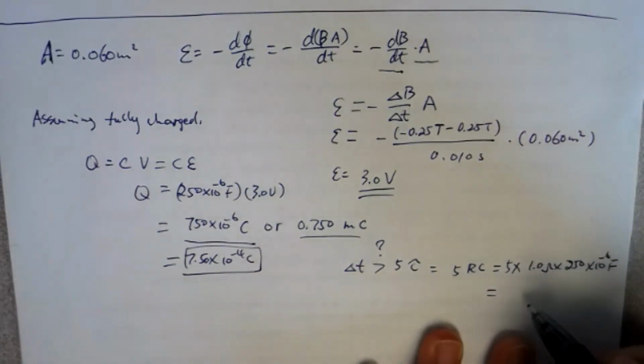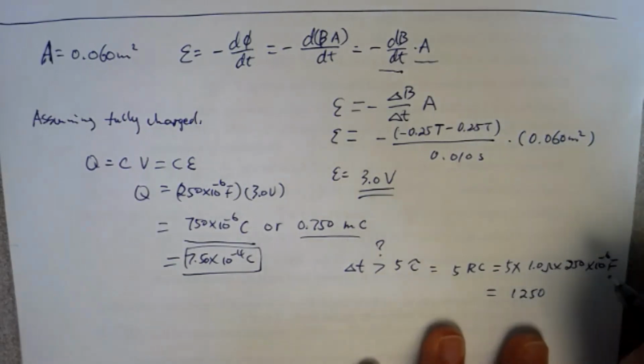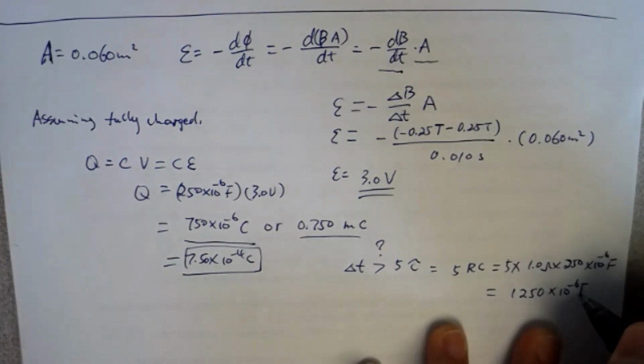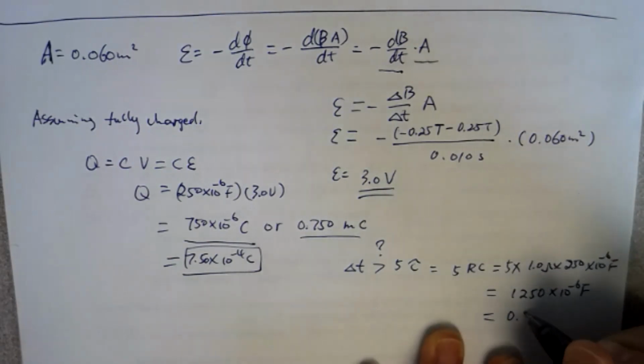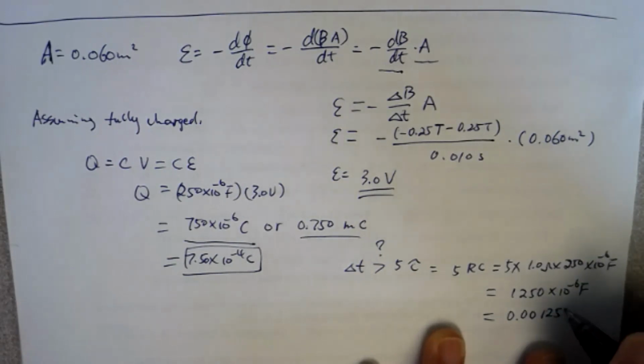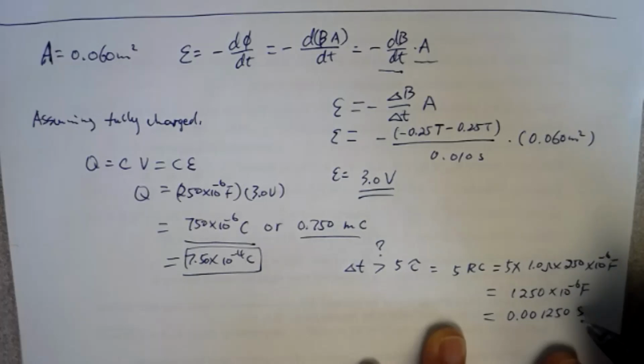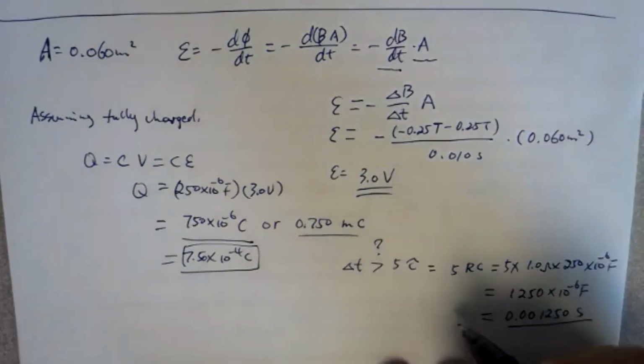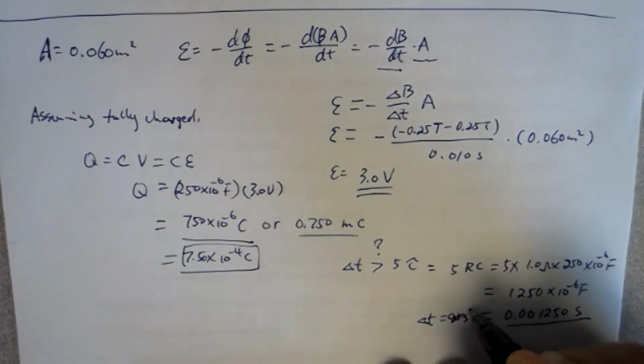So this gives us 1.250 times 10 to the minus 6 farad, which is 0.00125 second. Okay, so delta t, that is 0.01 second, is greater than that.